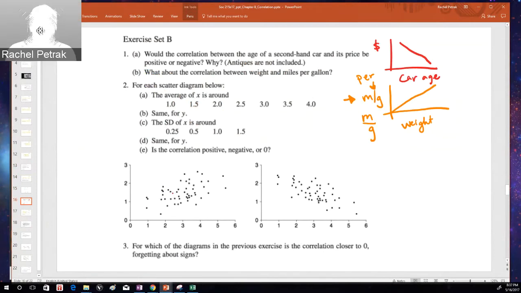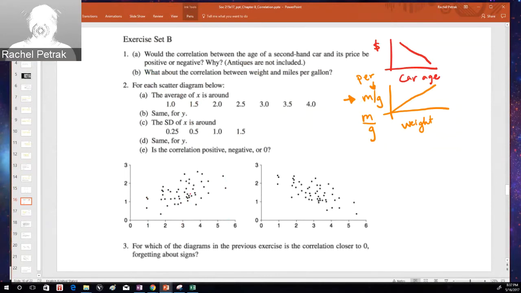Well, let's take a look. We can see that there's a modest correlation here, probably about 0.4. That's not really important, but what we need to look at is our top value for x and our bottom value for x. So it ranges from 1 to about 5.5.